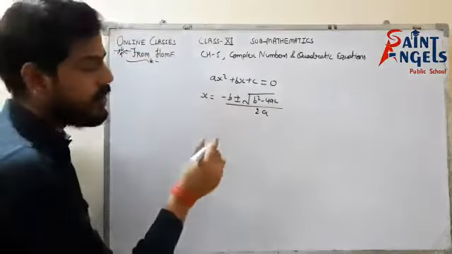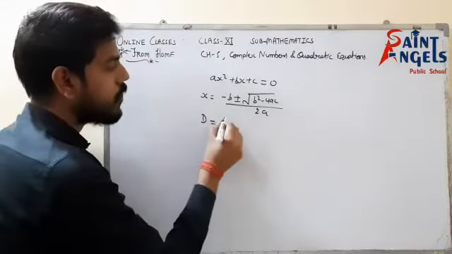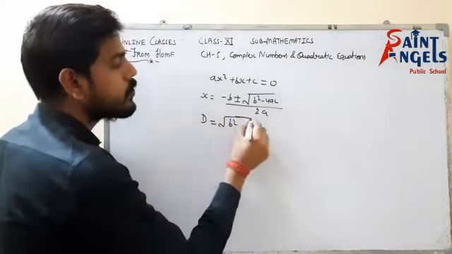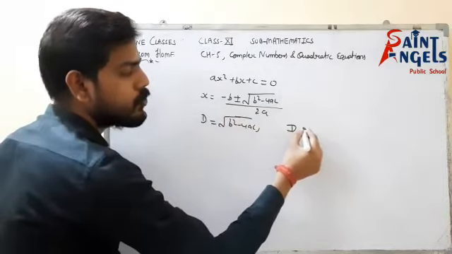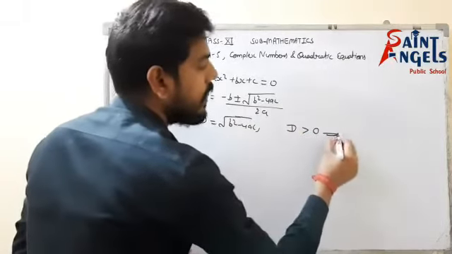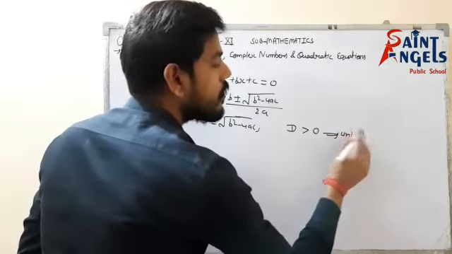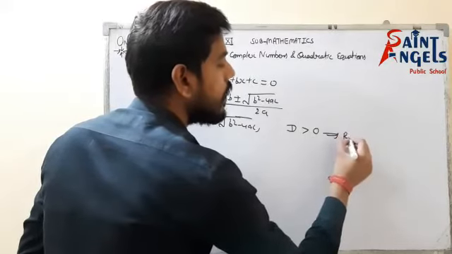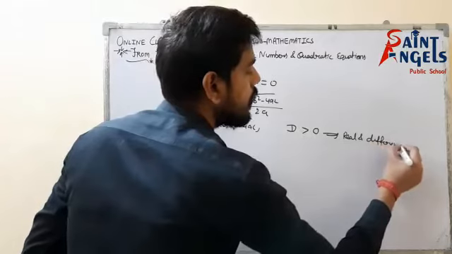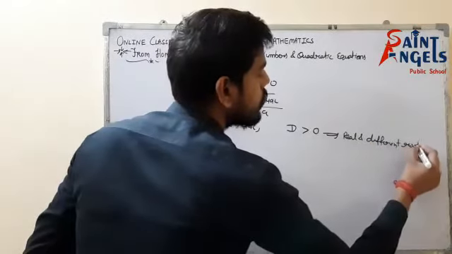In that formula, d equals under root b square minus 4ac. If the value of d is greater than 0, we get real and different roots.